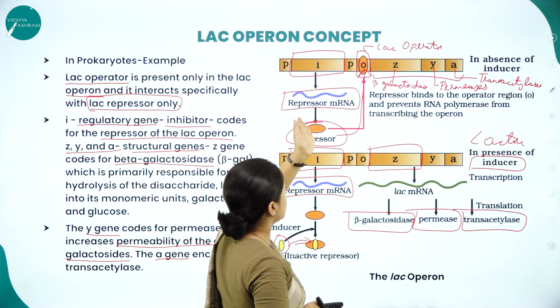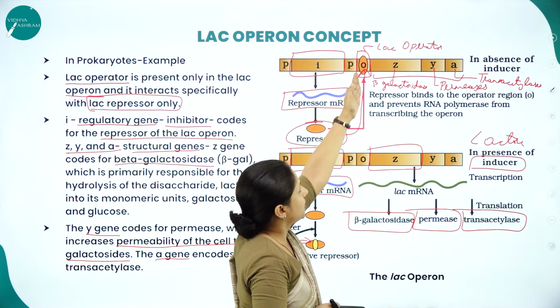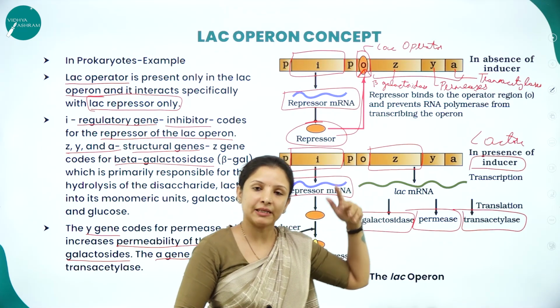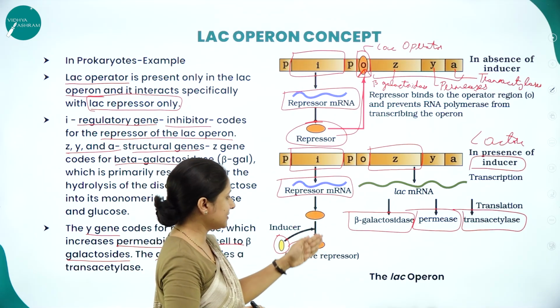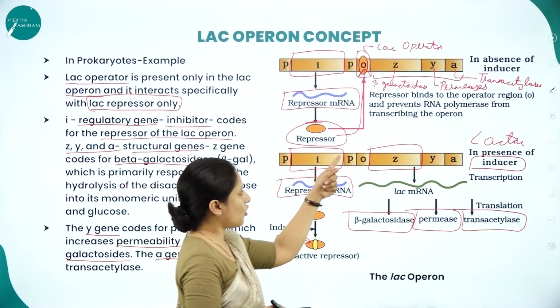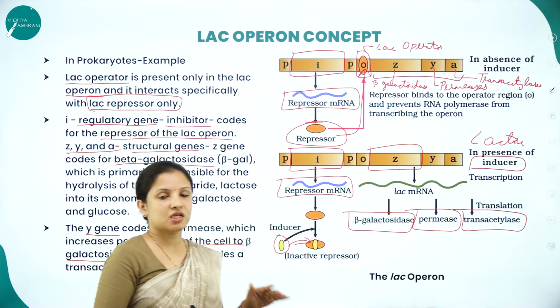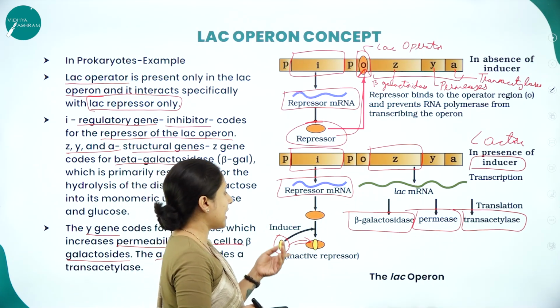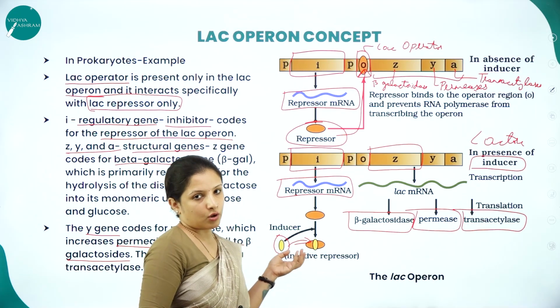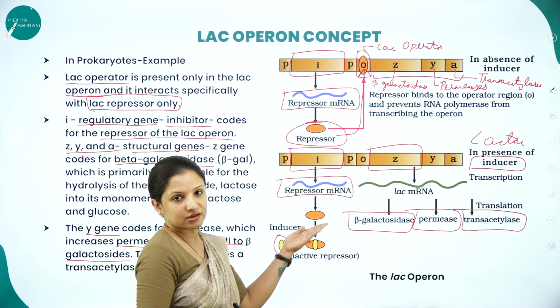Why? Because the repressor has already bound and further steps will not happen. But in this case, the binding of the repressor to the operator region has been prevented by an inducer, which is the lac inducer, because of the presence of lactose.